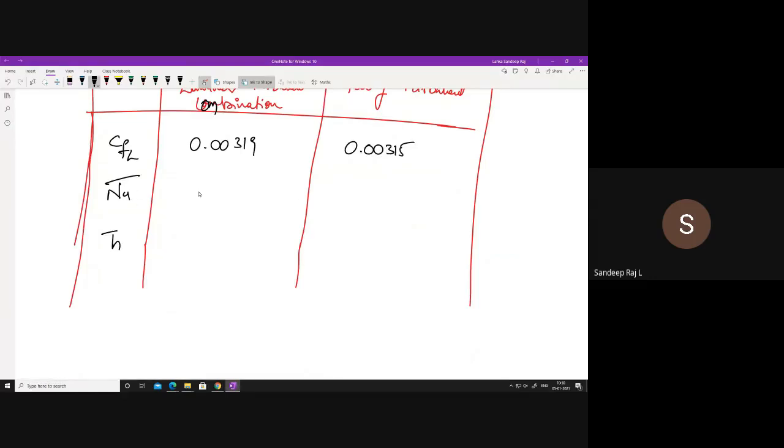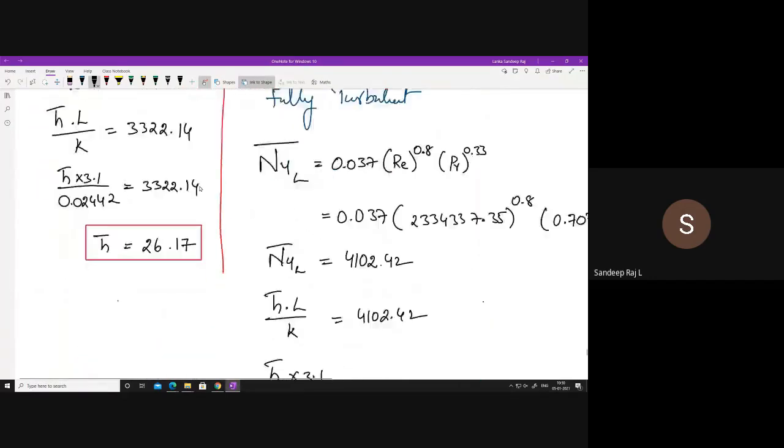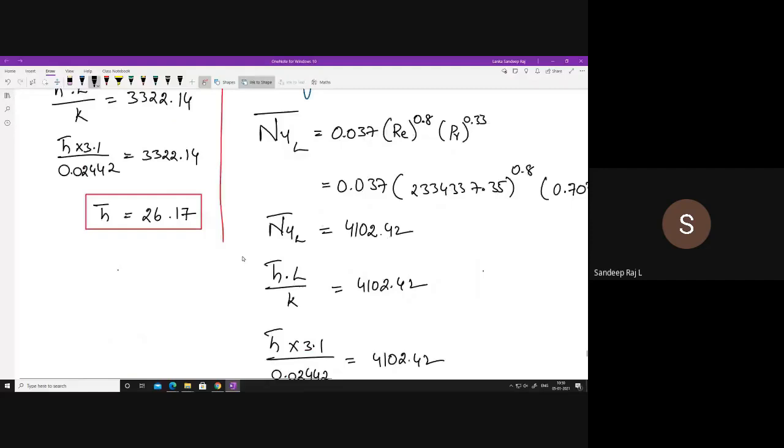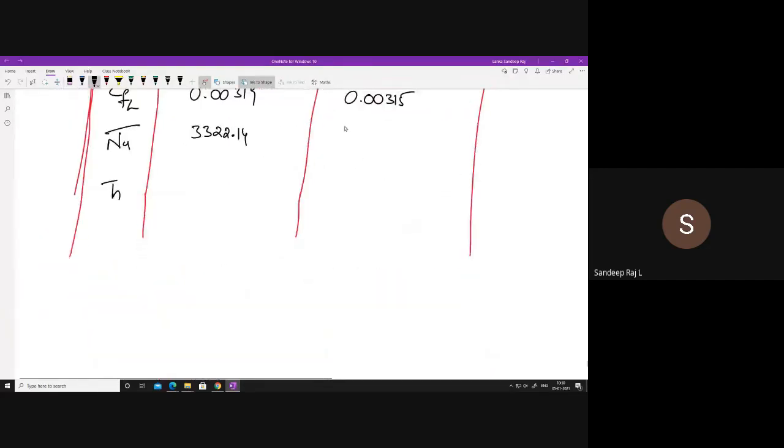Nu bar 3322.14. Nu bar on the other side 4102.42.